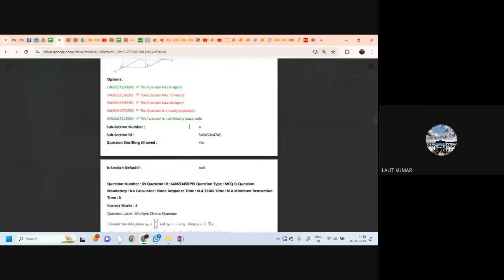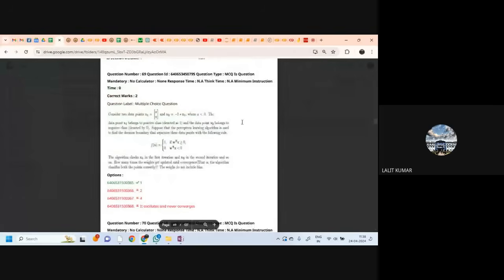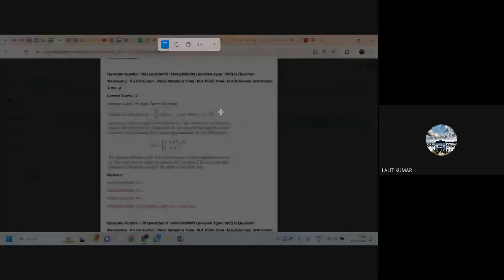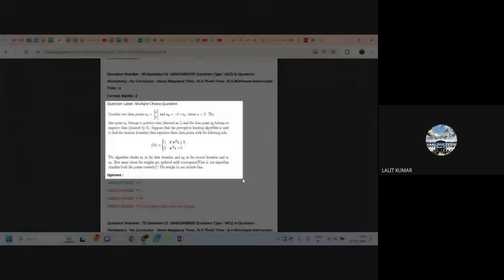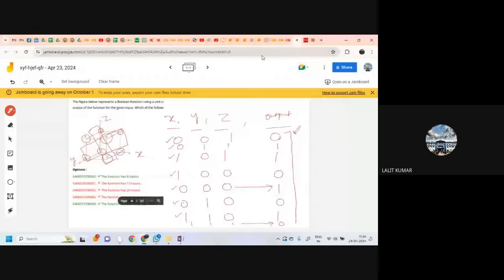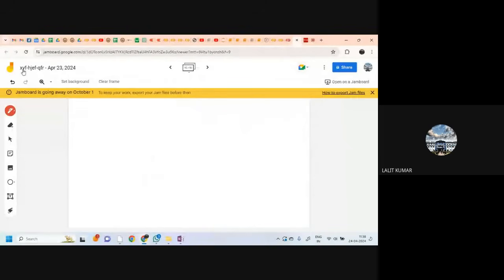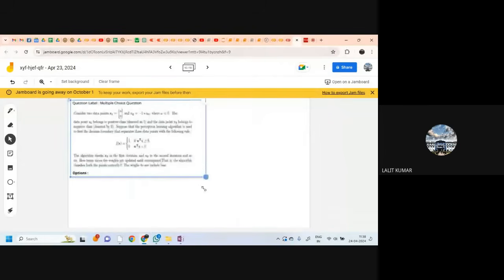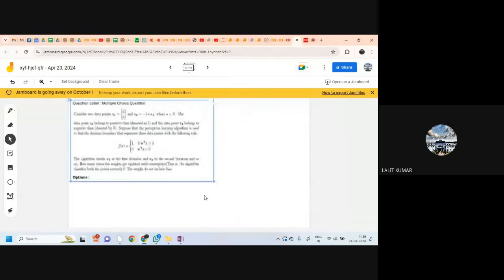Okay, we come to this question. Consider two data points x1 is equal to a and x2 is equal to minus 1 into x1.